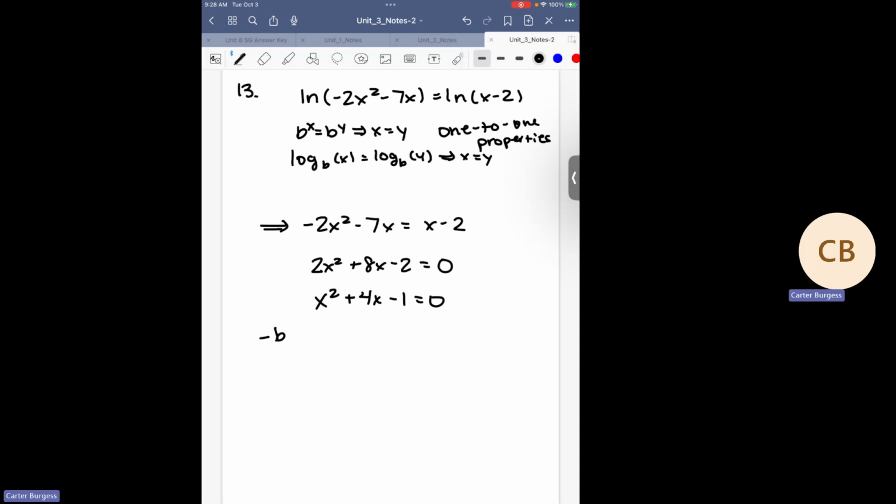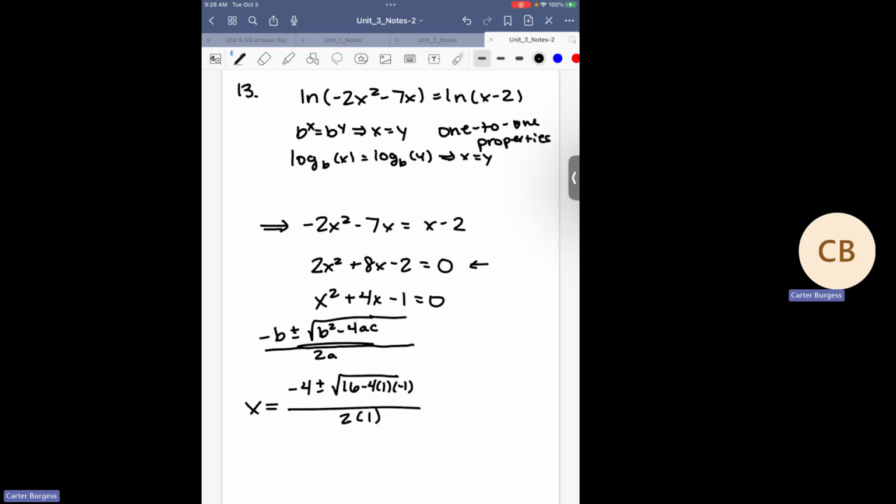And so we use our negative b plus or minus the square root of b squared minus 4ac, all divided by 2a. -4 plus or minus the square root of 4 squared minus 4 times 1 times -1. Now, you absolutely could have used the unsimplified version here. That would also work. You should get the same answer regardless of what you use.